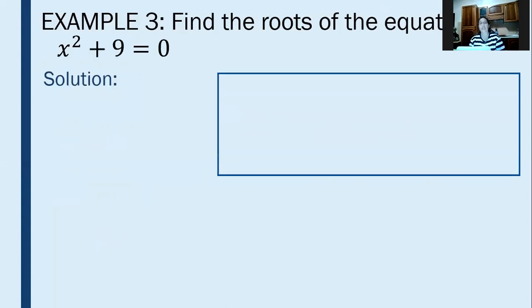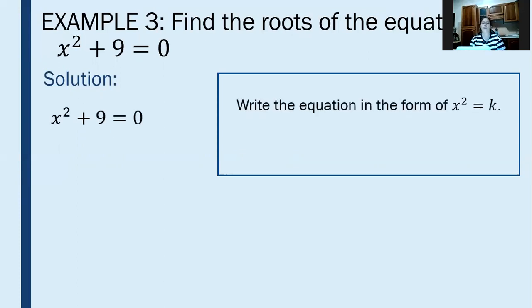Okay, number 3. Find the roots of the equation x squared plus 9 is equal to 0. Now, we have the solution. The first thing we do is write the given equation in the form x squared is equal to k.